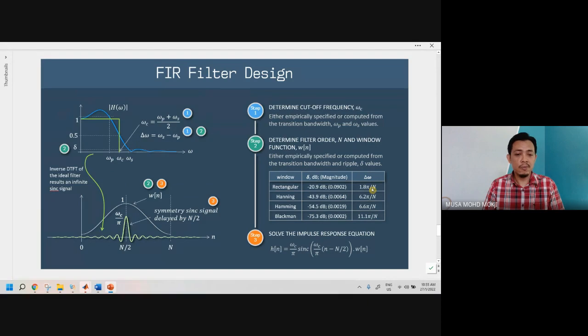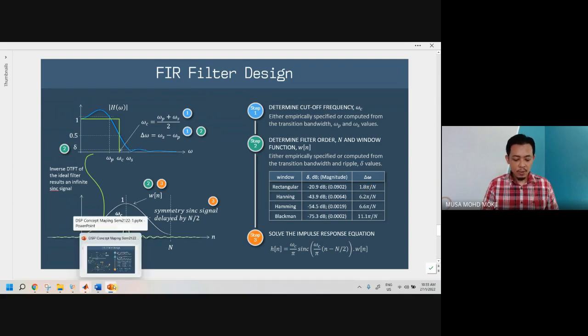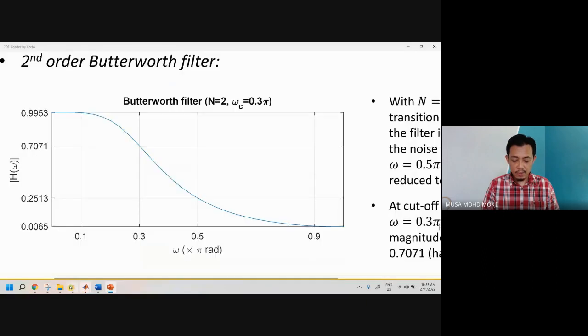It is not like that for IIR, because even when you change the cutoff frequency, the transition bandwidth can be different for the same filter order. We just know that if you have a higher filter order, the transition bandwidth will be narrower. With a lower filter order, you will have a wider transition bandwidth.